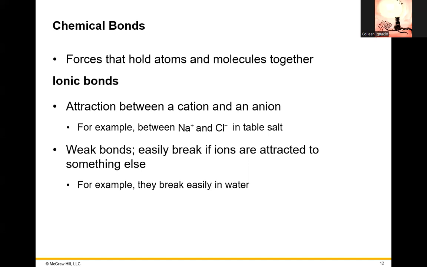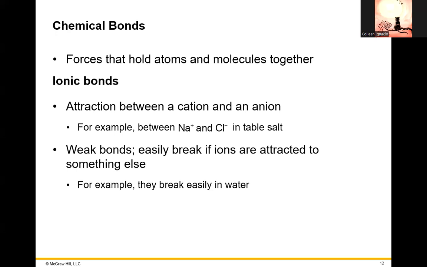So we have an attraction between a negative and a positive element. So here we have sodium, which is Na, which is positive, and Cl, which is negative. And if you put NaCl together, it forms sodium chloride.